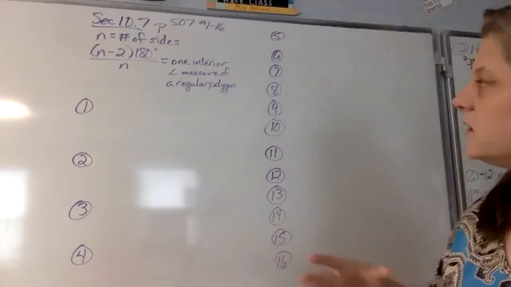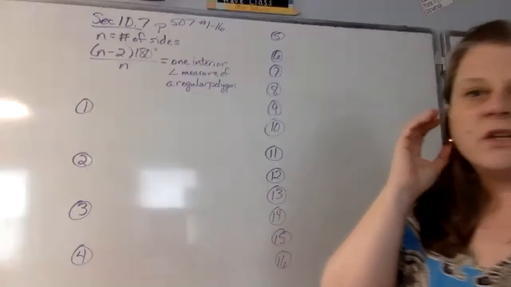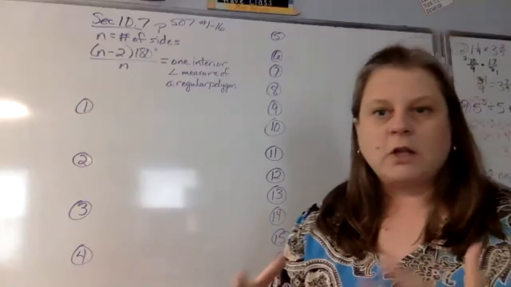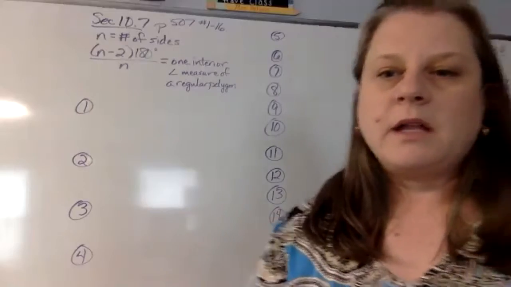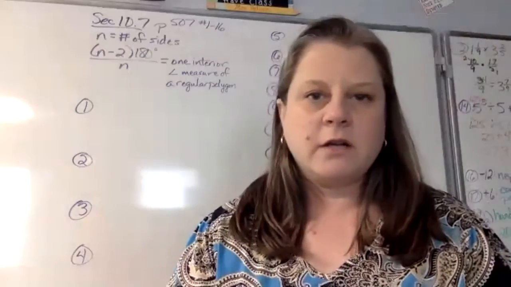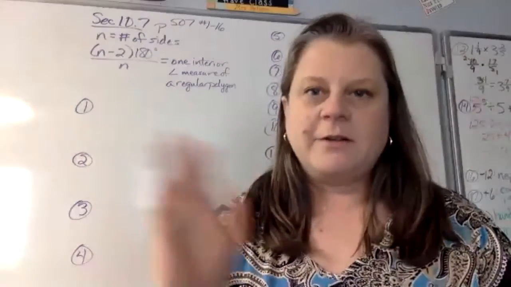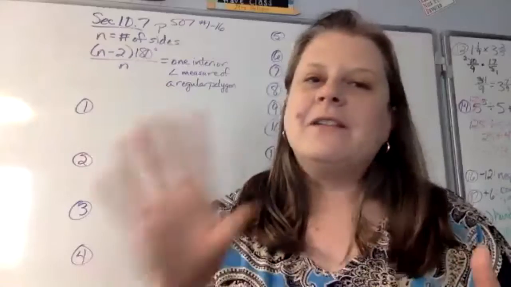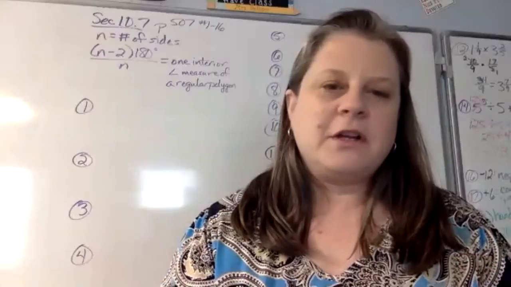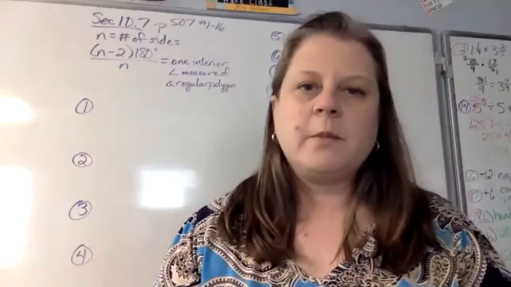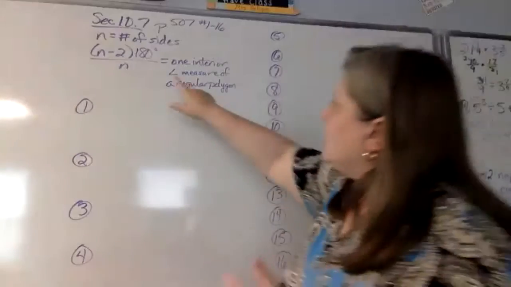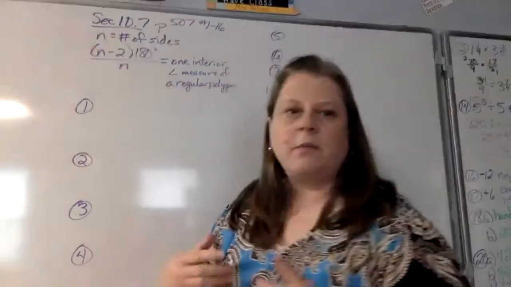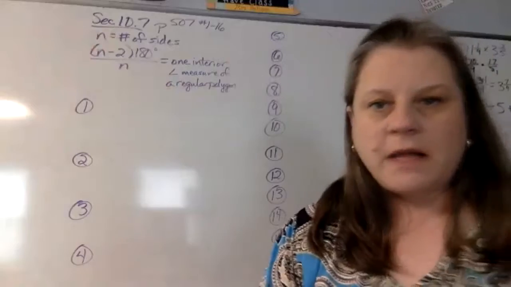For a regular tessellation, it's going to give us a regular polygon. Remember, a regular polygon just means all the sides are congruent and all the angles are congruent. So n in these formulas represents the number of sides of the polygon.